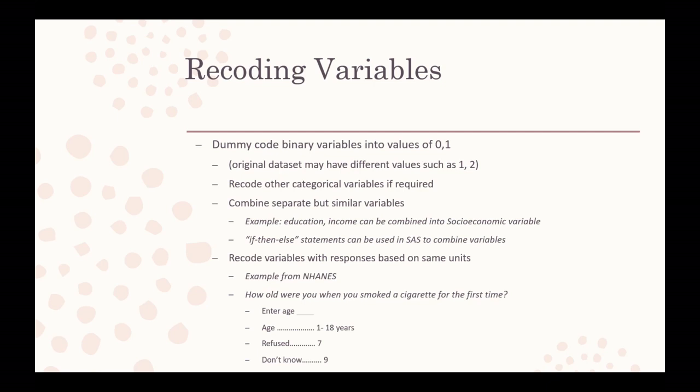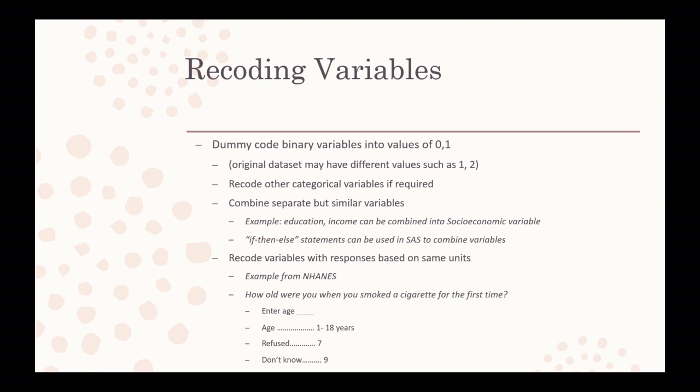Also, you have to recode the other categorical variables also if required, so that you know that everything in the data is same, and whenever you see a response as 0 in the data, it denotes no, and 1 denotes yes. You can also combine variables which are separate but are similar variables.